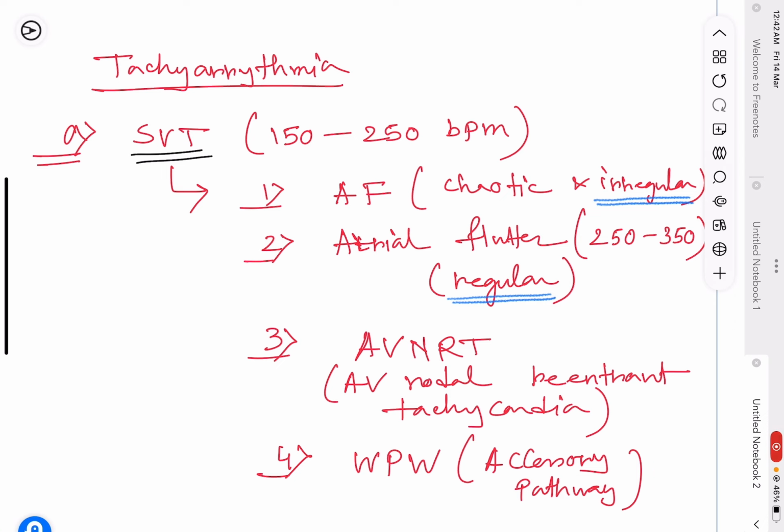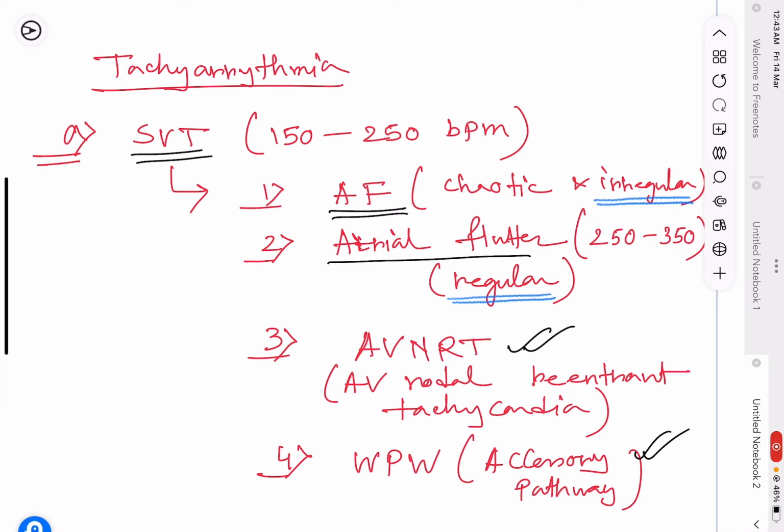Within supraventricular tachycardia, all these four are there. Atrial fibrillation first. Then atrial flutter. Whenever you get the term AF, it stands for atrial fibrillation, not flutter. So atrial fibrillation, atrial flutter, AV nodal reentrant tachycardia, and Wolff-Parkinson-White syndrome.